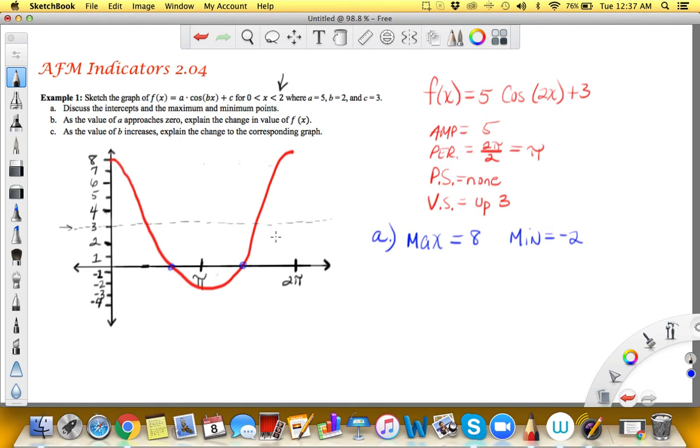Now when we look at part B, it says as the value of a approaches 0, explain the change in the value of f of x. So simply, as a approaches 0, f of x approaches 0 as well. But more specifically, the amplitude is decreased.